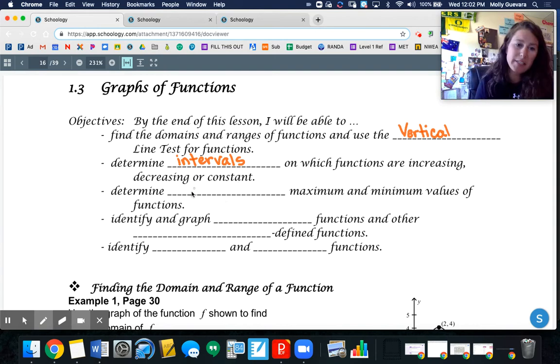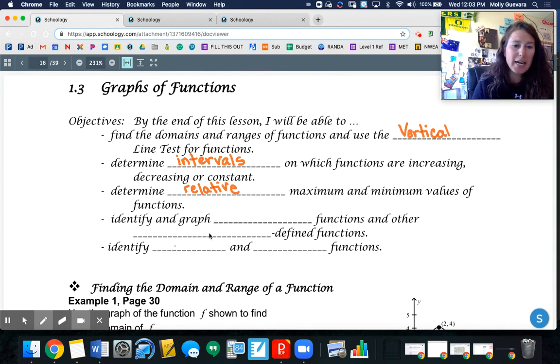When is the graph decreasing? We're going to determine how to find the relative maximum and minimum values of a function. If you're looking at a function that's already drawn, how do you find it? And then more importantly, using our graphing calculator, how do we find it?